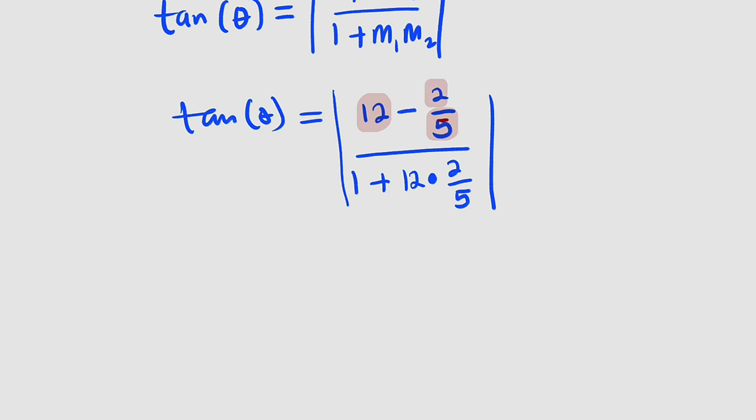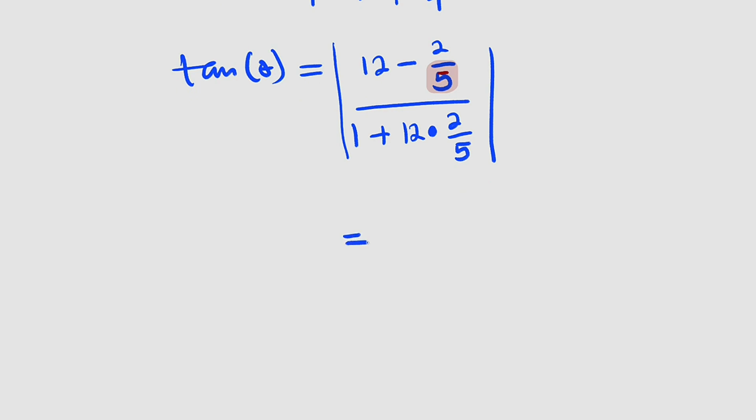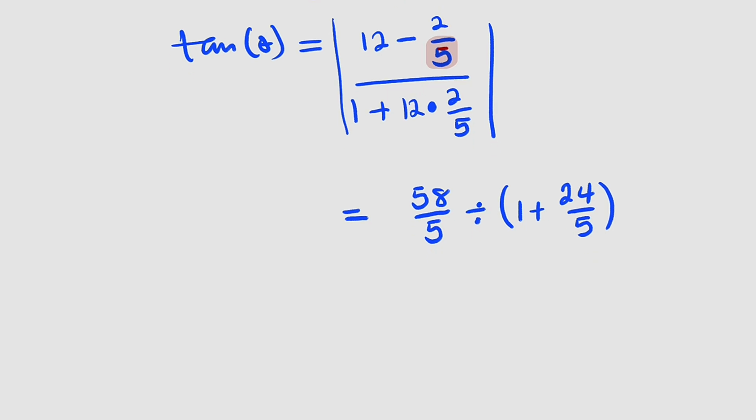And 60 minus 2 is 58. So this is equal to 58 divided by 5. Let me use this division sign. And here we have 12 times 2, which is 24 divided by 5. So altogether we have 1 plus 24 divided by 5. We don't have to use absolute value because I realize all these values are positive values.